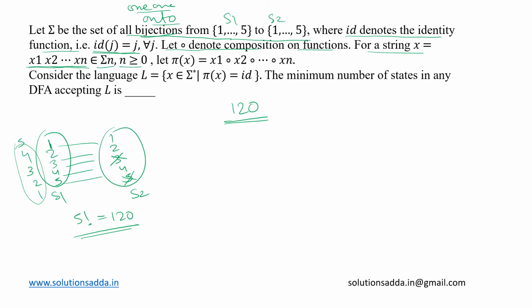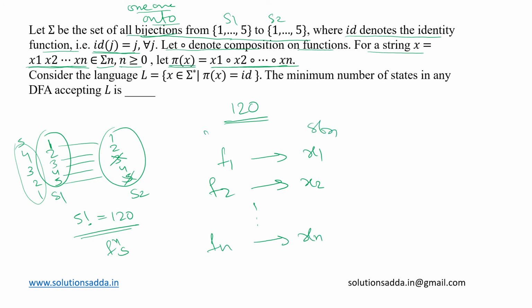We have a function defined as pi of x equal to the composition of these n strings. Put in simpler terms, let us say we have 5 factorial or 120 functions. So each of these functions will be mapped to some string. Let us say f1 is mapped to x1, f2 is mapped to x2 and so on up to fn mapped to xn. These are the strings and these are the functions.